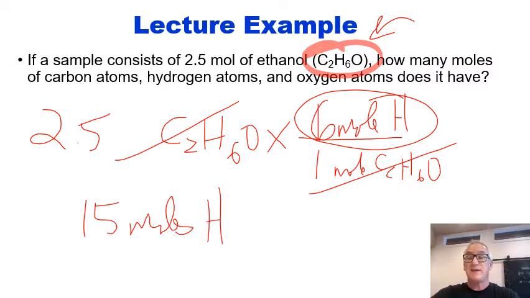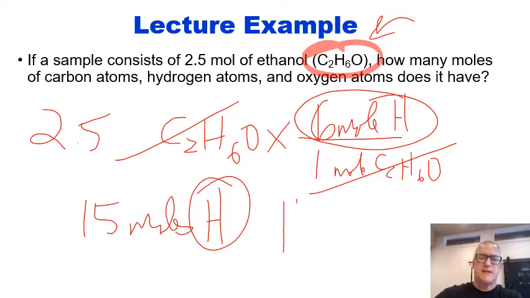Now, one thing to remember, and a really common mistake that students make, is that you're going to say, well, hydrogen doesn't exist as H, it exists as H2, right? We know that hydrogen doesn't exist as an atom. It exists as a molecule. That's the most stable form of hydrogen. But we don't have 15 moles of hydrogen molecules.